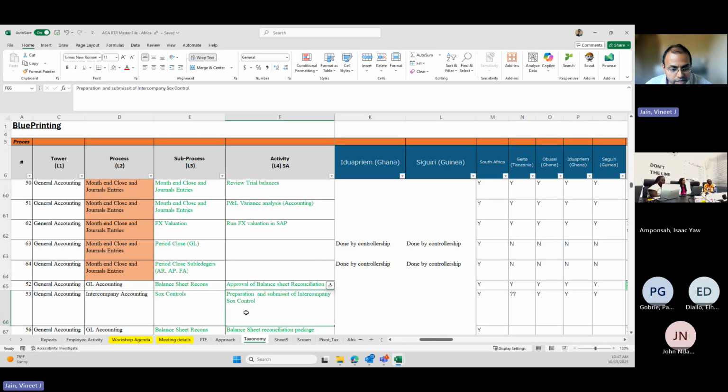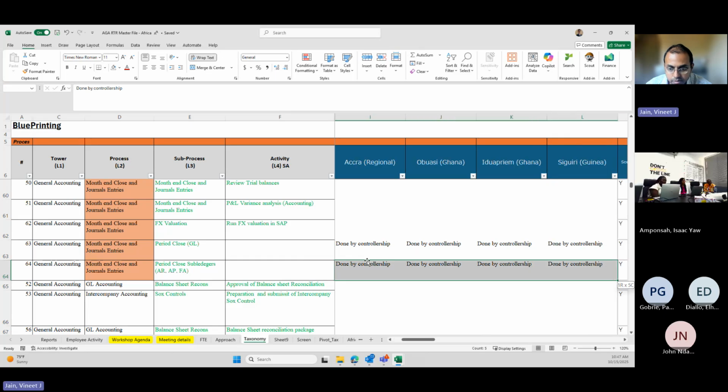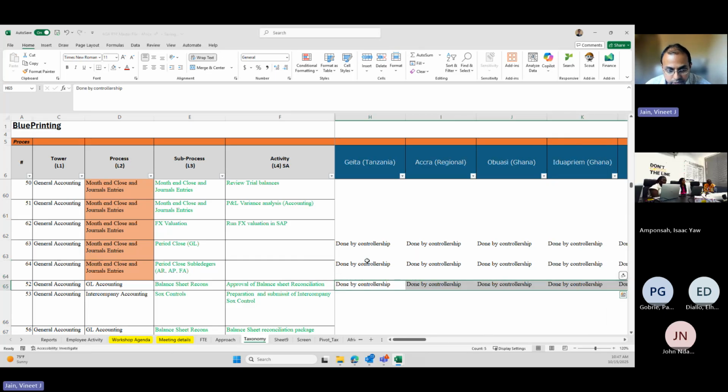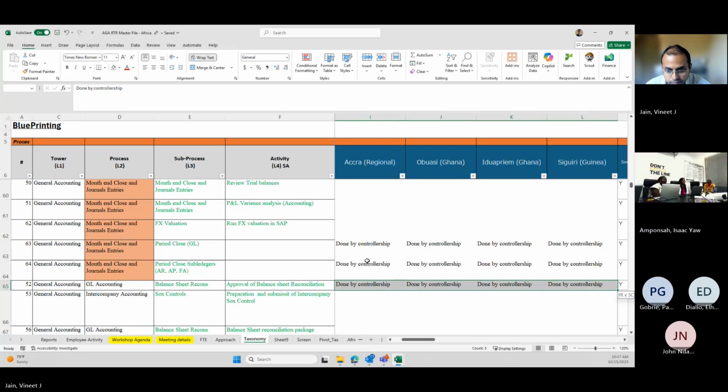Okay, do you prepare any kind of SOX control report? Yes, there is SOX control across all the mine sites. But for this team, the transaction team which is in scope, do they prepare any SOX control reports? Balance sheet reconciliation, no, it's done by controllership.